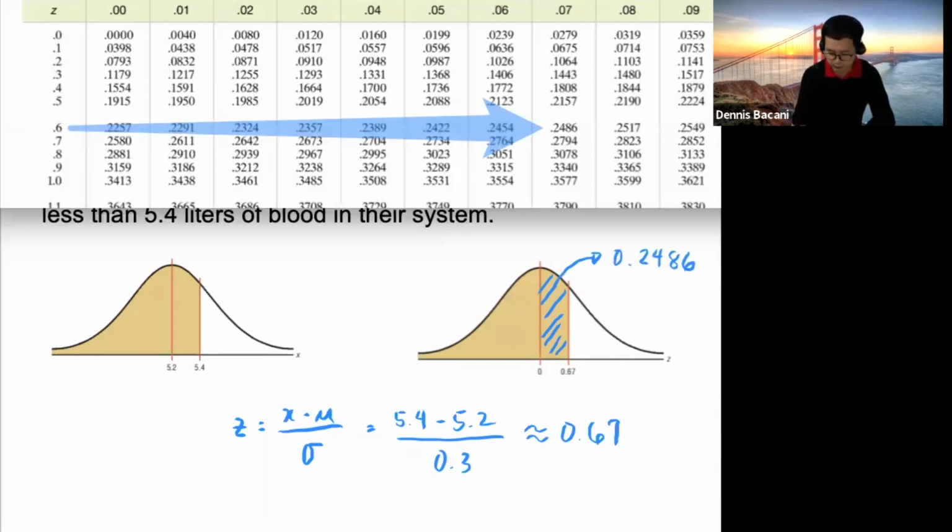So therefore, the answer to this problem: we know that the area to the left of 0 is 0.5. So our final answer is equal to 0.5 plus 0.2486, which is equal to 0.7486. In percentage, of course, this is equal to 74.86%. Okay.